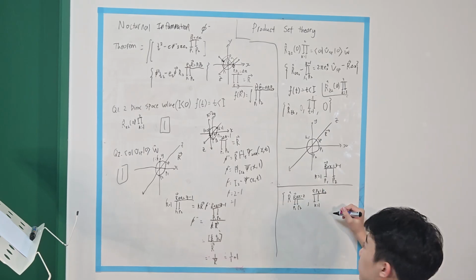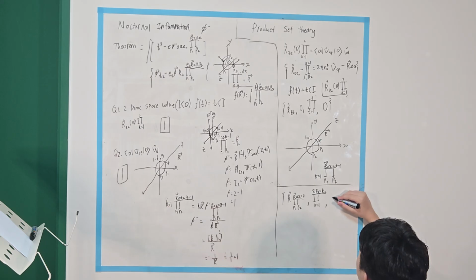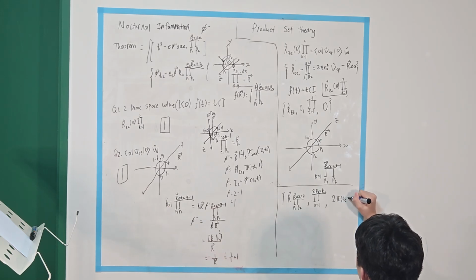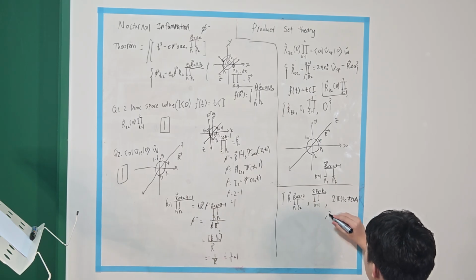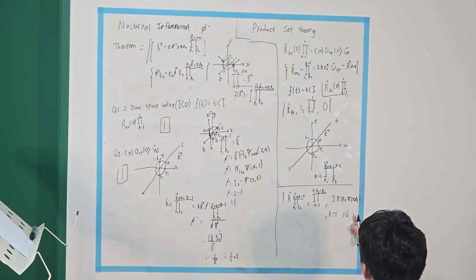We don't know what K2 is yet. 2 pi phi x comma t. And the last value, z minus 1, which equals 0, and this will be 0.